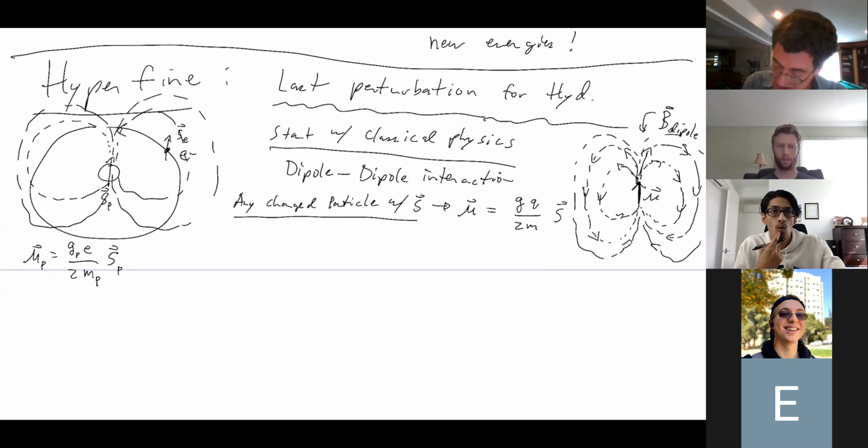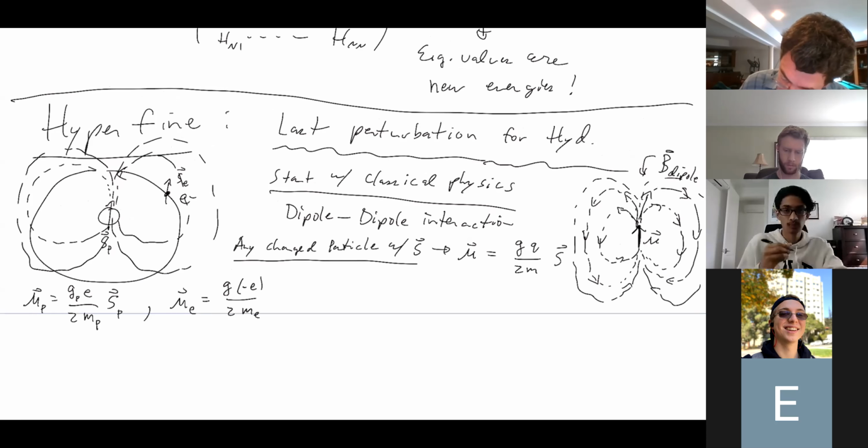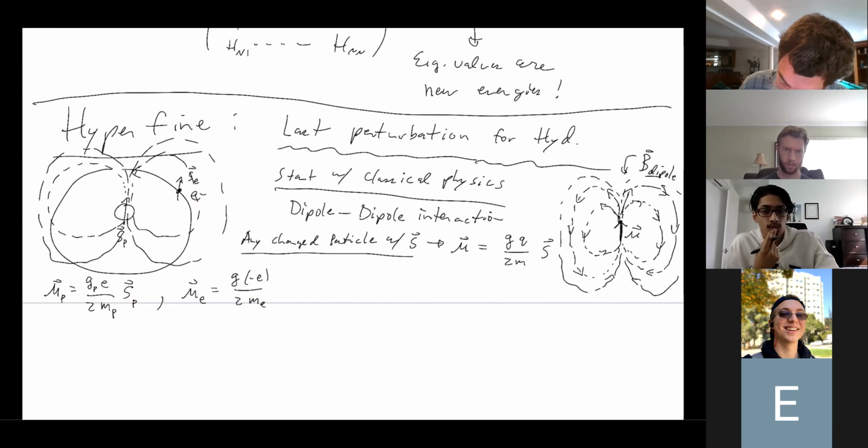And so that means that the electron feels it, because we know that the electron also has a magnetic dipole, and that the electron magnetic dipole is going to be g times negative e over 2 divided by the mass of the electron times the spin of the electron.